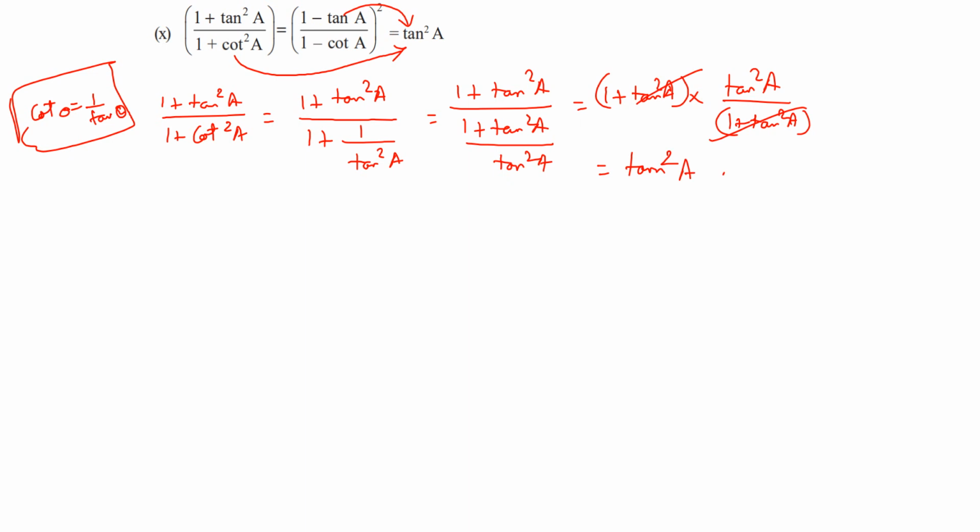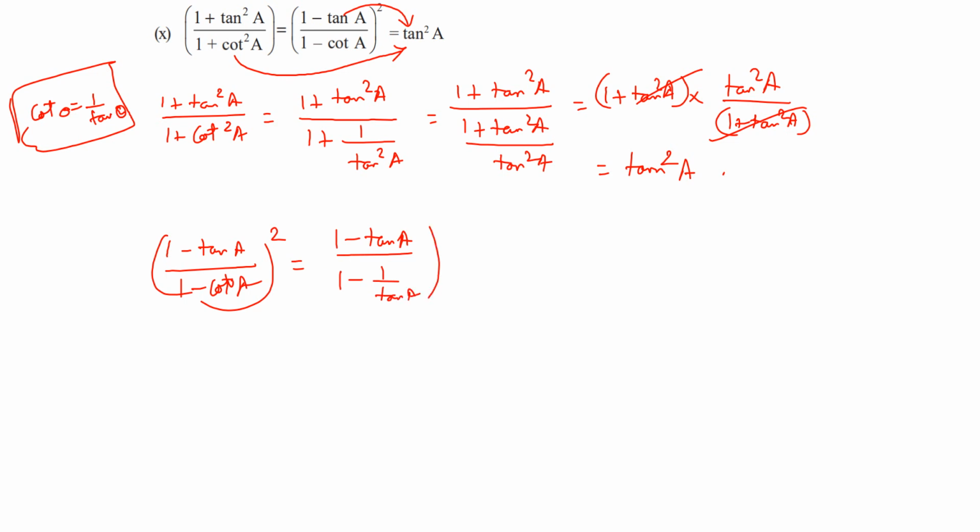Now I am solving the second part of this. 1 minus tan A divided by 1 minus cot A whole square. So again cot A can be written as 1 by tan A. So 1 minus tan A divided by 1 minus 1 by tan A whole square equal to 1 minus tan A divided by tan A minus 1 divided by tan A whole square.